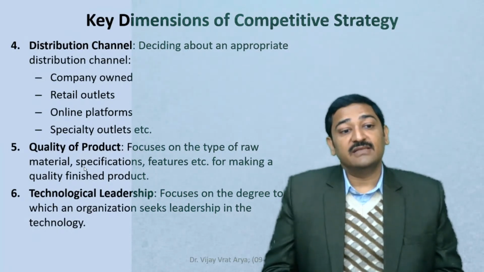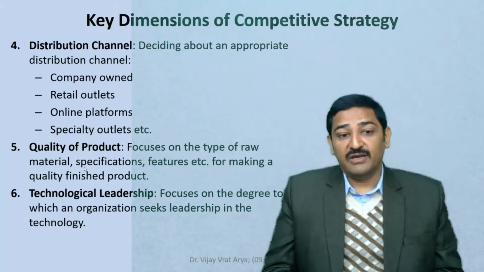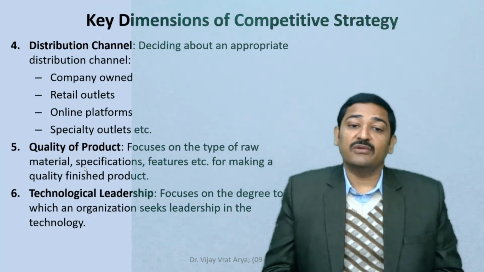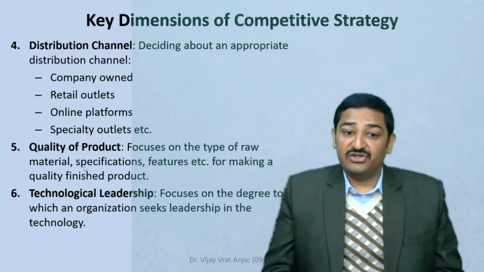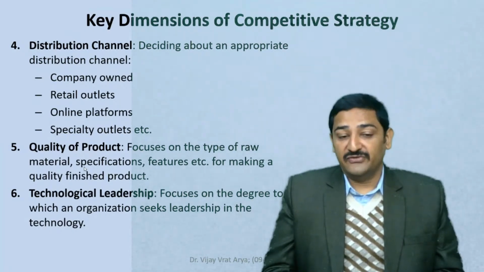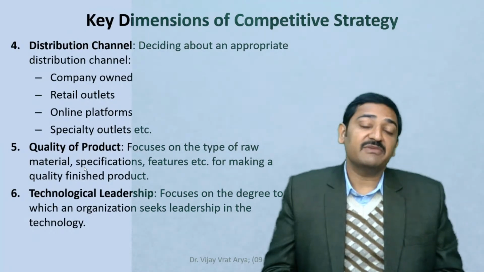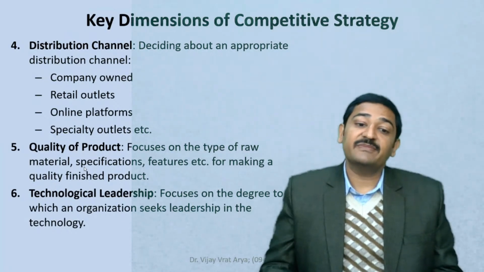Apart from that, the other dimension could be related to the quality of product, where the focus is on the type of raw material, specifications, maybe the features, and all these help in making a quality finished product for the firm. The other dimension towards the competitive strategy is technological leadership.